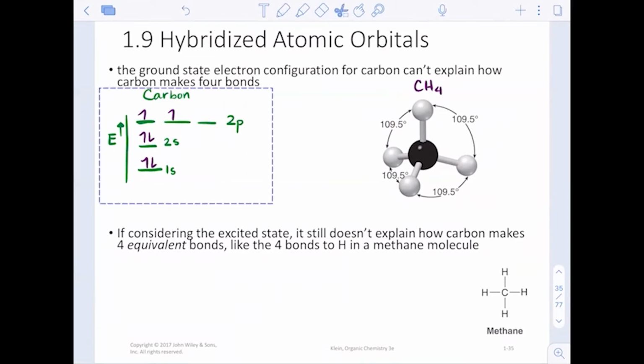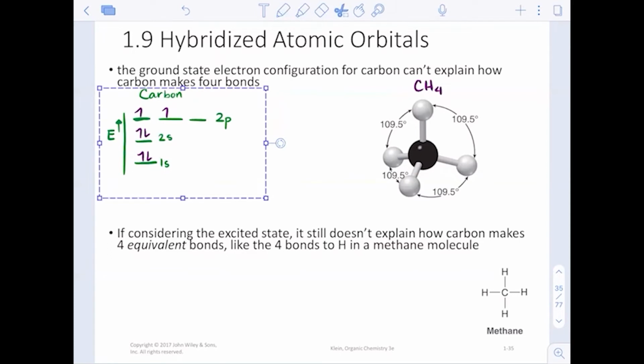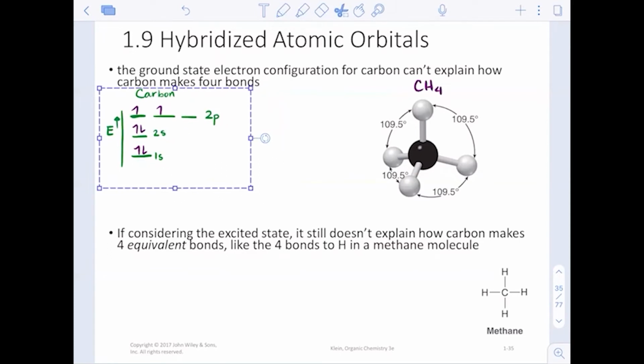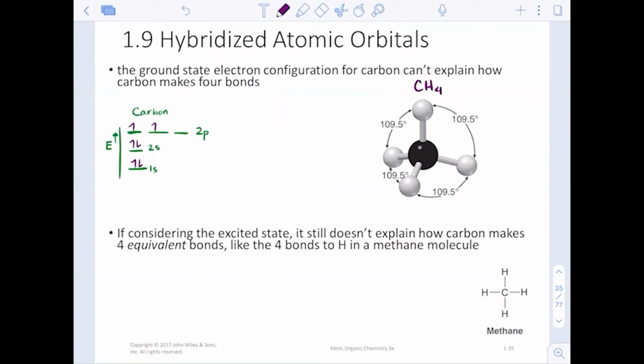Well, what happens with carbon is actually very interesting. We have come to the idea that the atomic orbitals can actually homogenize, or hybridize. This was our idea that we take our valence electrons, just the valence, right? We'll leave the core, and we'll take those valence electrons and hybridize them.